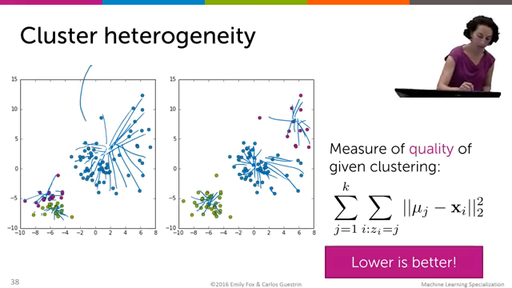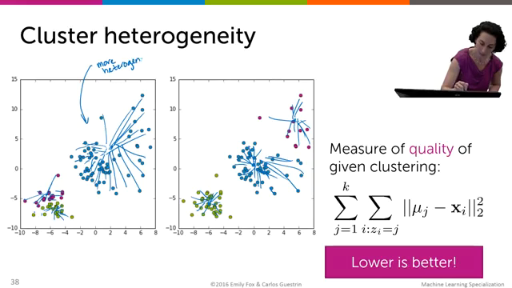So we're going to say that this cluster here is more heterogeneous, meaning that there are more dissimilar objects within a given cluster.